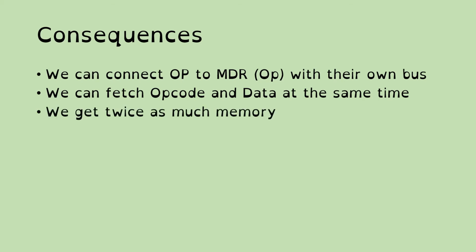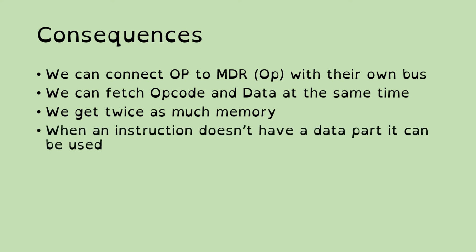Also, as a consequence, we get twice as much memory, which is frankly a huge boost to us because having only 16 locations of memory and having to pack your program into that and any data that you want was very, very restrictive. And doubling that is quite significant. It's still a very limited piece of hardware. But we can do this and make that work for us.